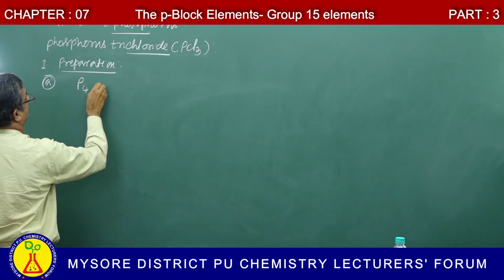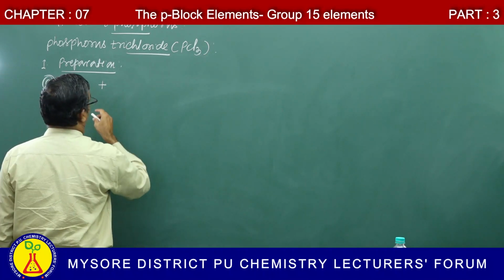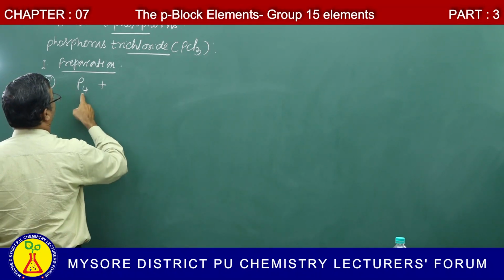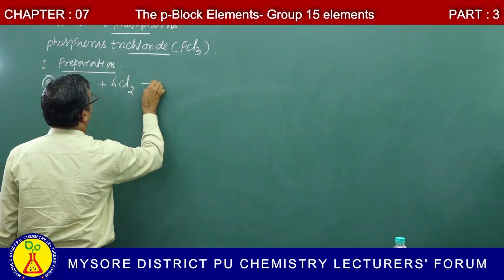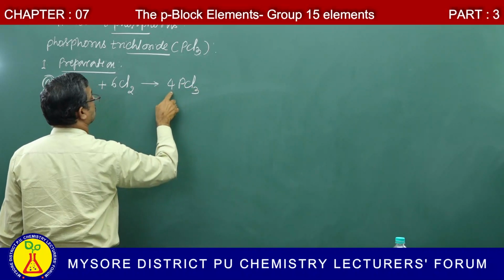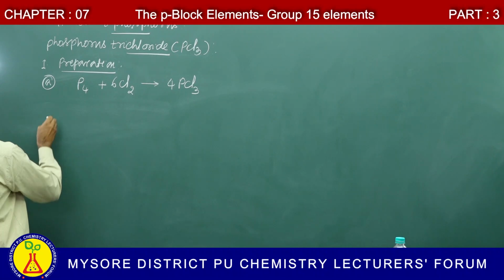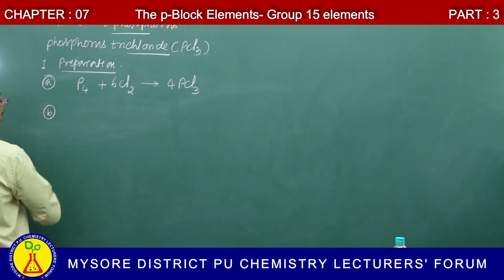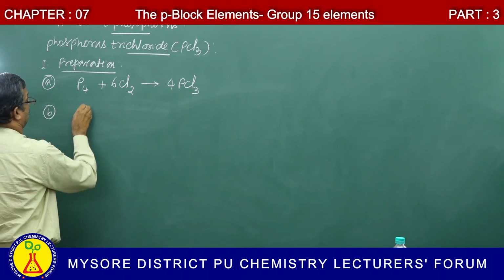Now, let us look at the reaction. P4 plus 6 Cl2 gives 4 PCl3. This is phosphorus trichloride. It is also obtained by the action of thionyl chloride on white phosphorus.